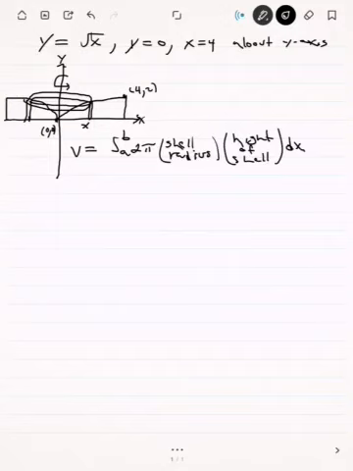Okay, for this particular example, the limits of integration are 0 and 4, the x values.